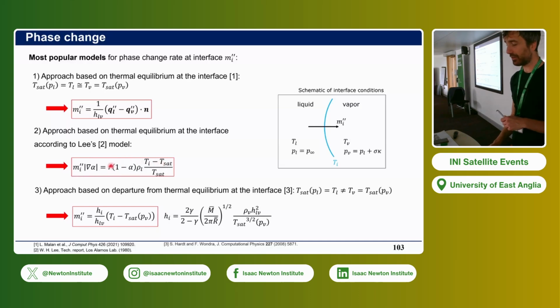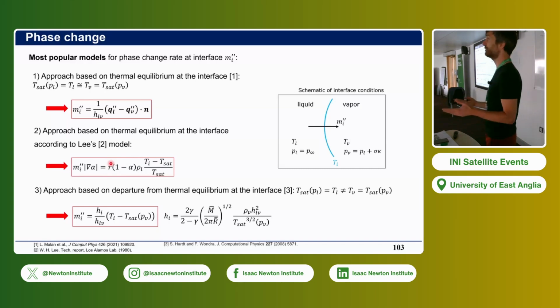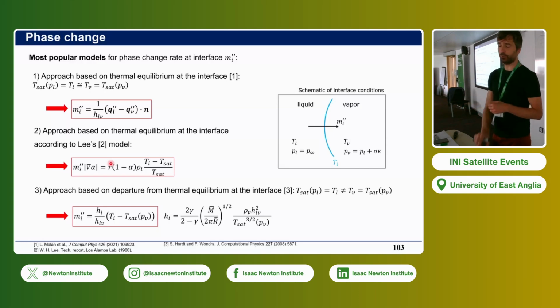And it has this R, which is just an empirical constant. And this empirical constant is problem dependent, grid dependent. Because it's empirical, it doesn't have any physical grounds. And people using approach 2, they typically just use some experimental data to tune the value of this empirical constant.